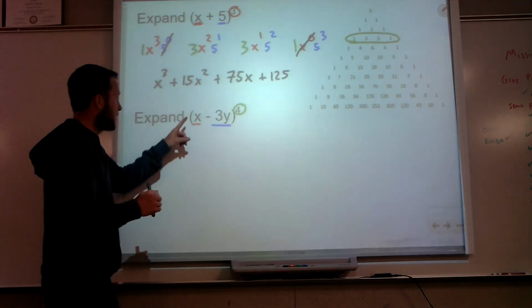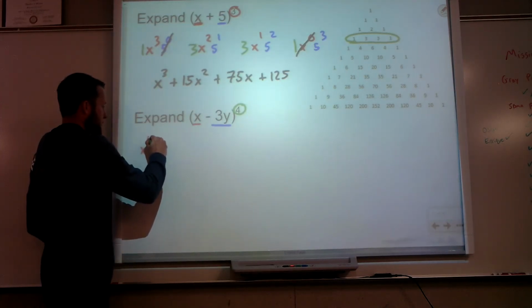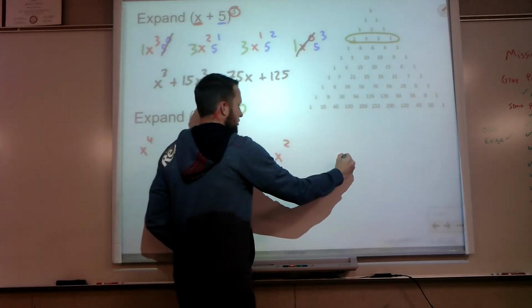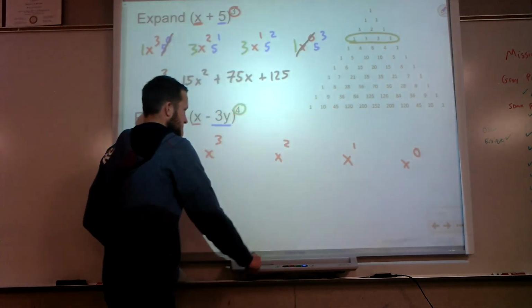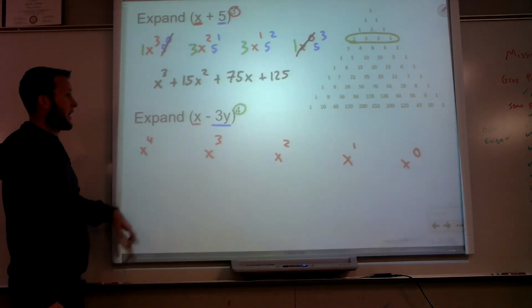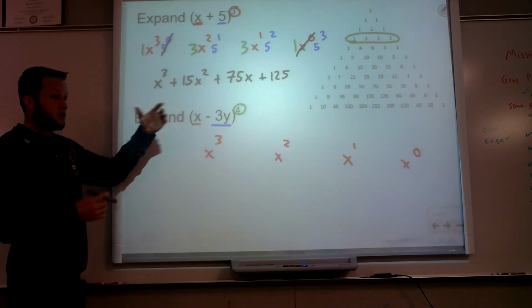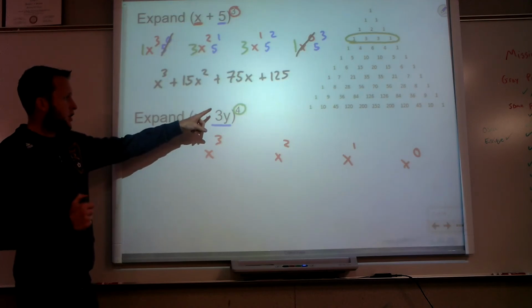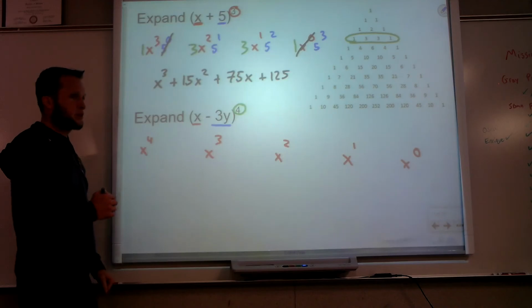We're going to start with, let's write x in descending order. So I have 4, 3, 2, 1, 0. Now I'm going to write the negative 3y in ascending order. It's going low to high. Now, it's really important if you have a negative, a coefficient, or both, which we see here, that you write this in parentheses.